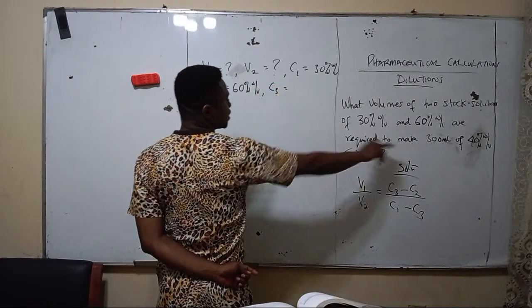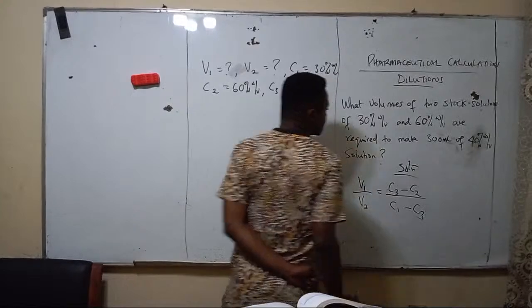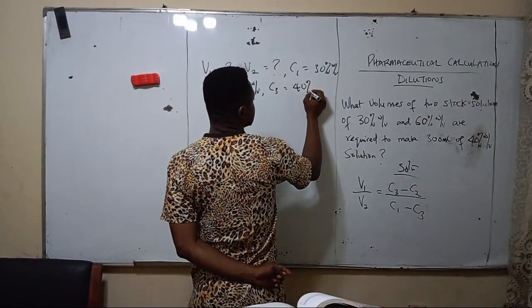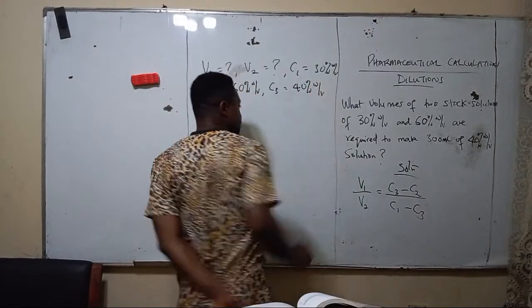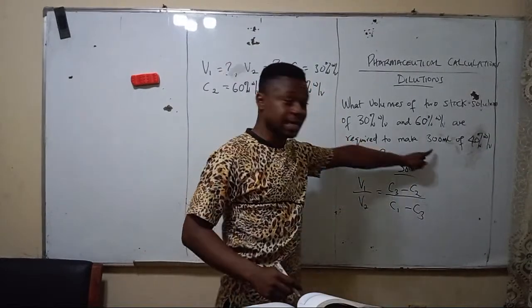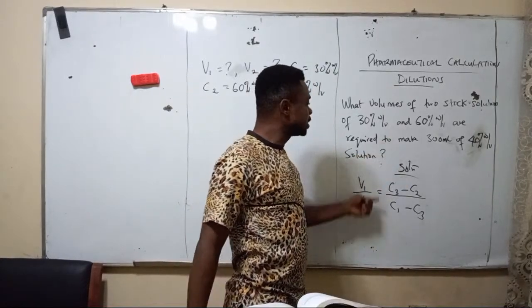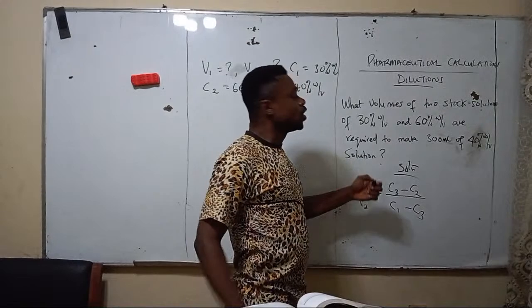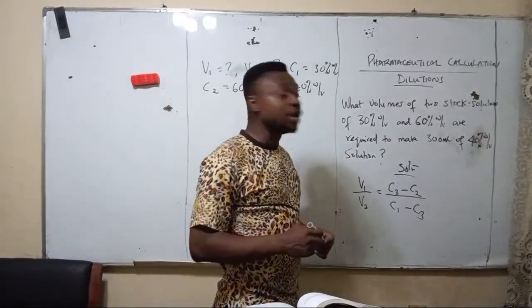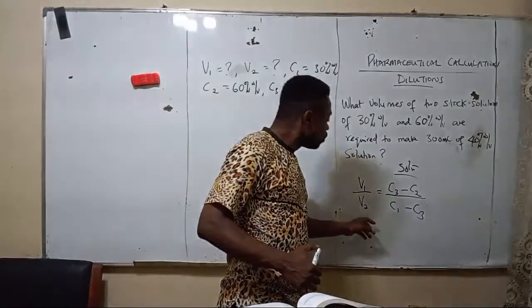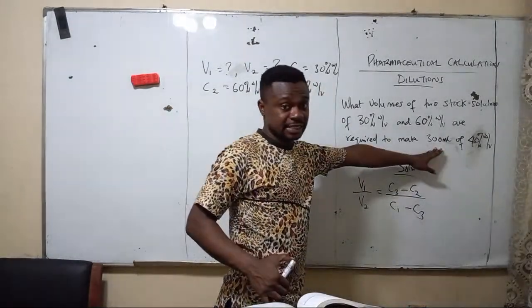C3 is the concentration of the final solution, which is 40% weight in volume. Now this should be V3 anyway, but the V3 is swallowed in this formula because the V3 here will be the summation of V1 and V2.